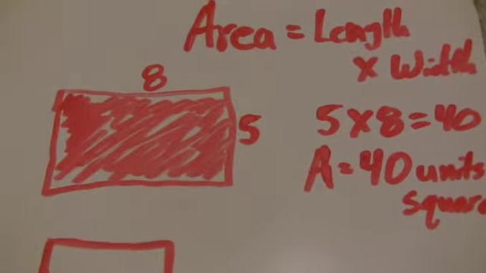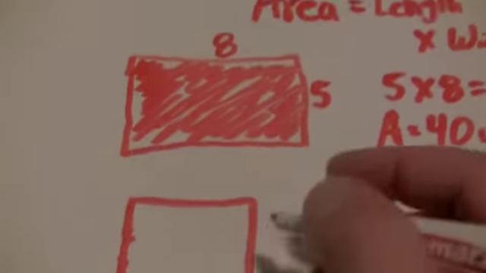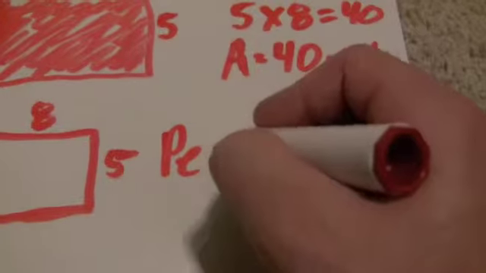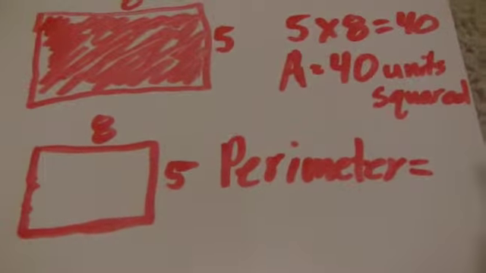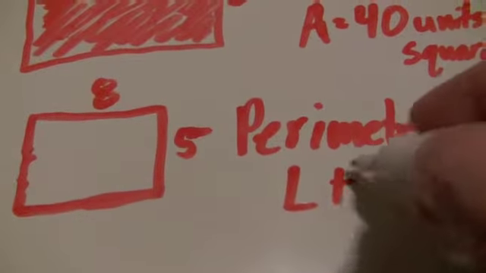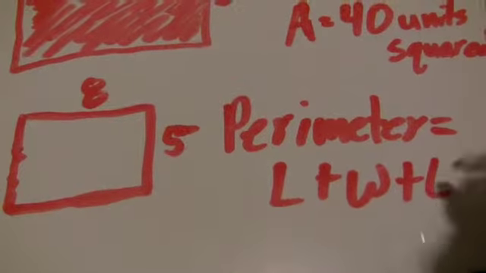Okay? So that's area. Now if we were going to take that same rectangle, and let's say that again it's 8 by 5, and we wanted to find the perimeter, the distance around this whole thing on the outside, we can say that perimeter equals a length plus a width plus a length plus a width.